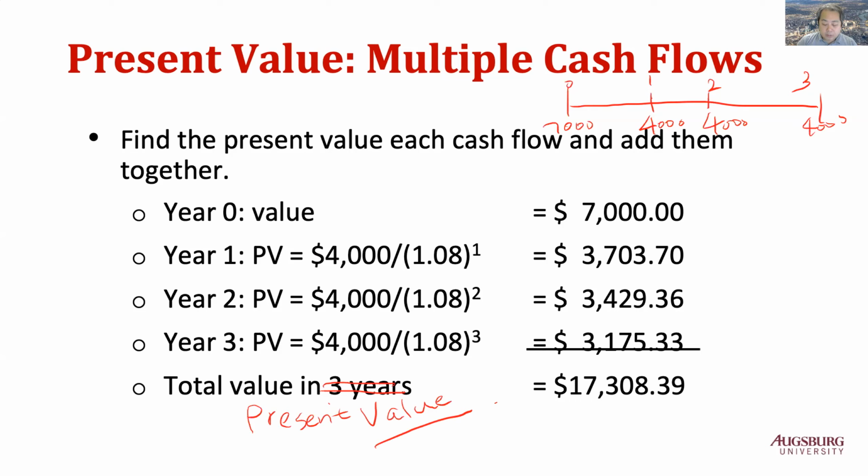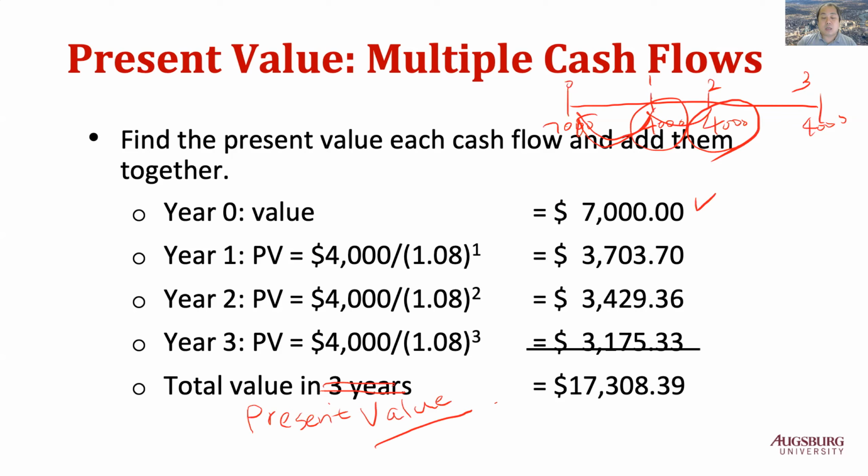So year zero value is simply 7,000. Present value is still 7,000. Year one, this 4,000, 1 year discount back to the present. So divided by 1 plus 0.08, $3,703.70. Year two, 4,000, 2 year back discounted to the present.